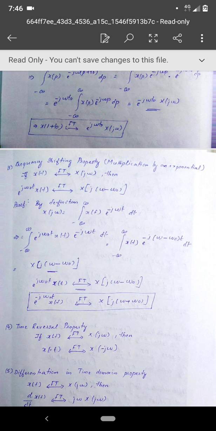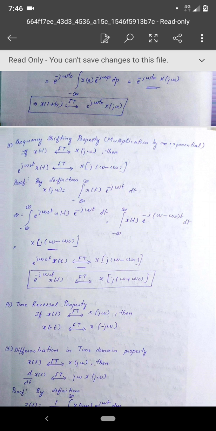So there are no time terms in that Fourier transform, and in the time domain we don't find any frequency term. So if you want to shift frequency, we have to do that in the frequency domain.